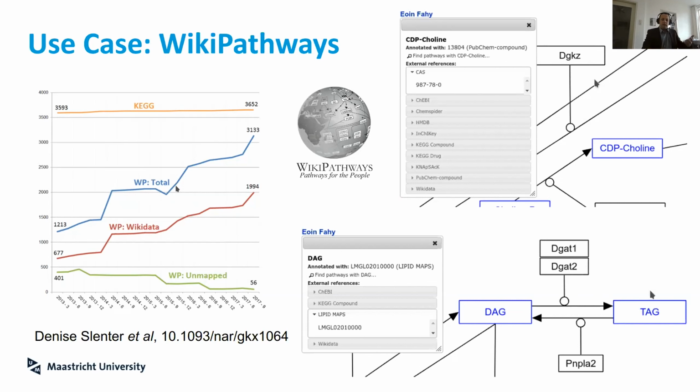On the left side, from a recent paper about Wiki Pathways, we see a bit of the growth, but what you can also see here from that map is that we still have unmapped things, and this is a recurring thing as well, because identifier mapping is not a static thing. It's ongoing, continuous research, because the way we talk about all these things in biology and outside of that changes all the time. So BridgeDB as a platform also needs to be able to accommodate for all those changes and keep up.